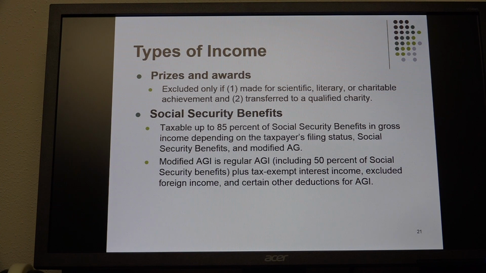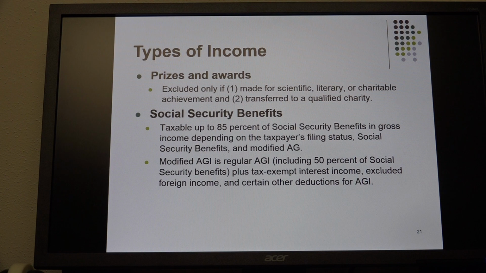prizes and awards. Now here we're talking about other types of income, right? So we talked about flow-through entities, we talked about alimony. So prizes and awards.